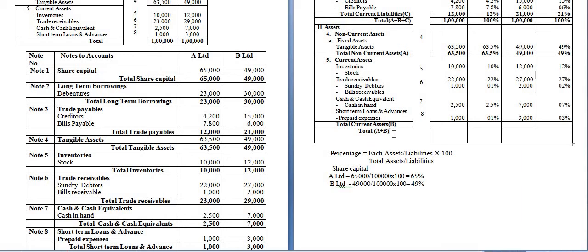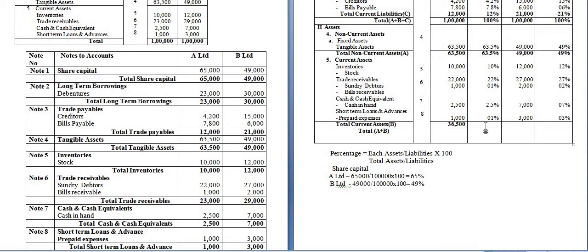Make the total of current assets. Next line, write the heading total current assets in bracket B: 10,000 plus 22,000 plus 1,000 plus 2,500 plus 1,000 is equal to 36,500. Okay, total current assets 36,500.